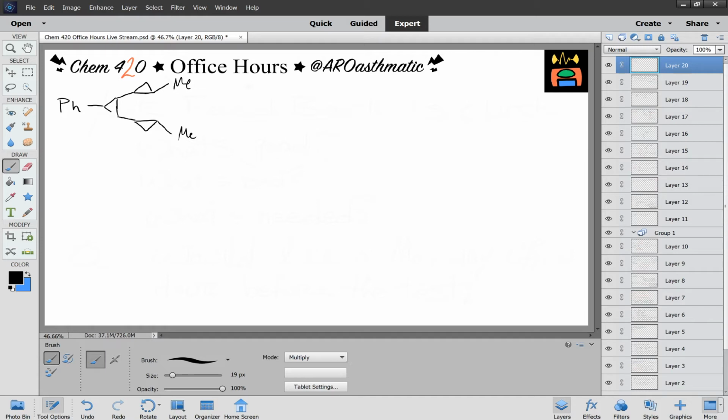Okay. So here's the deal. When I look at this molecule, you look at your molecule and you go, okay, what functional groups are on here? How can we make this molecule in one step? The first thing that jumps out to me are these cyclopropanes.